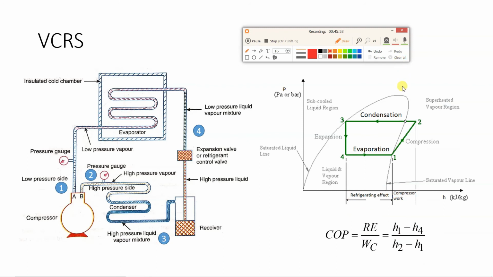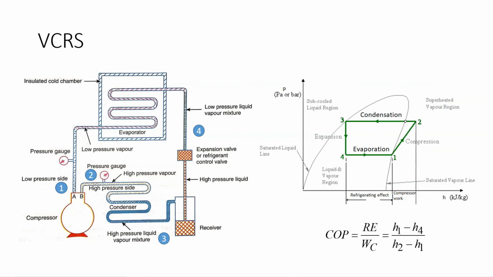Now based on this we have different types of numericals. What will be the different types? Whatever pH diagram you see on this slide is called the standard vapor compression refrigeration system. What do you mean by standard vapor compression refrigeration system? It means that point number 1, which is the entry of the compressor, or you can say exit of the evaporator, is the same.